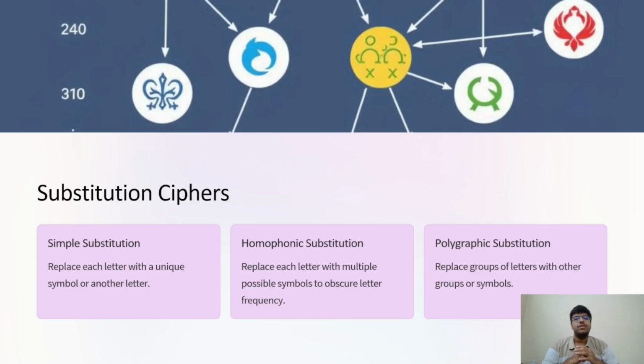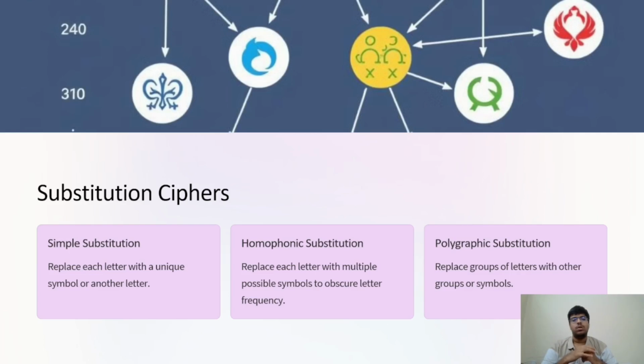Next, we have the substitution ciphers, also one of the most used ciphers. We have mainly 3 types of substitution ciphers. The first is the simple substitution, where we replace each letter of the word or sentence with a unique symbol or another letter.